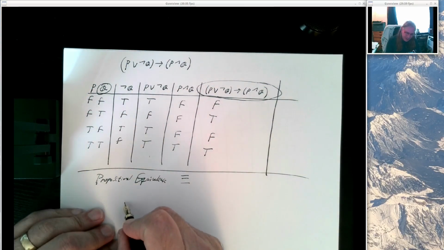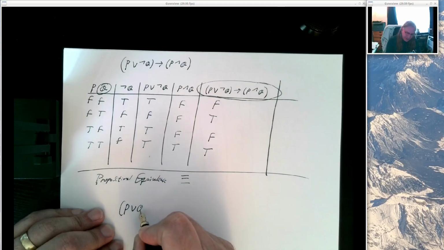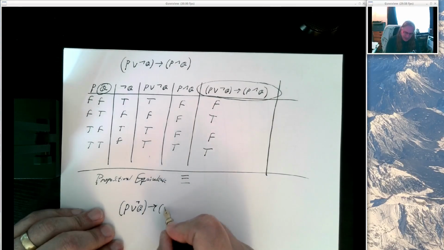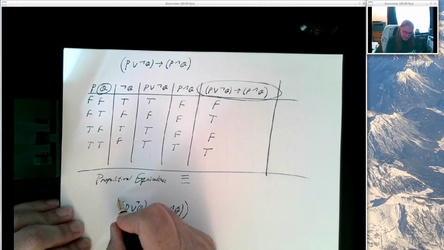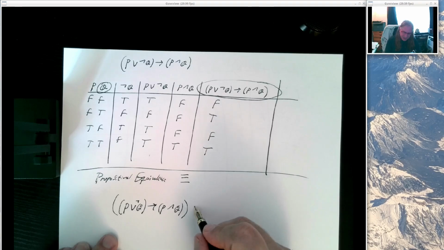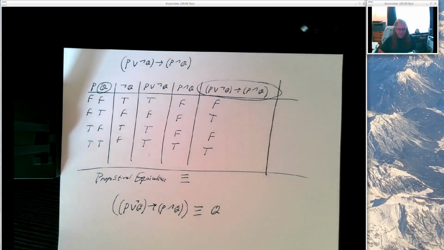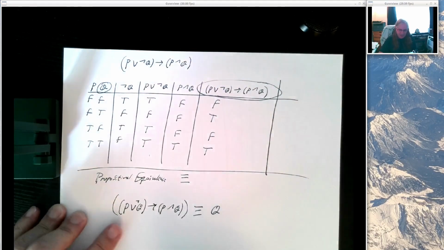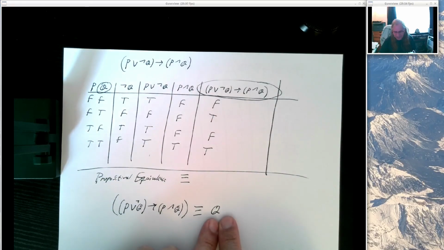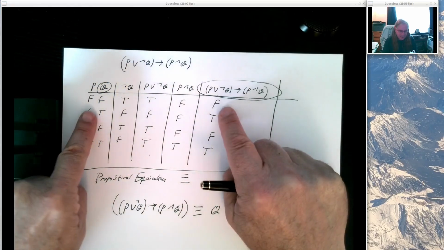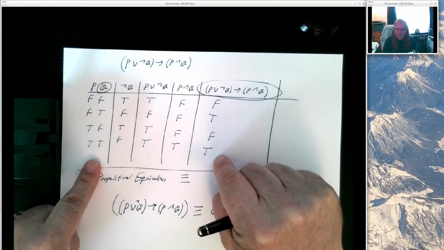In other words, we could say P or not Q implies P and Q. Let me put some parentheses around this to say this is one proposition. This is logically equivalent to just the proposition Q. And we demonstrate that by making a truth table for this, making a truth table for that, and showing that in all situations they have exactly the same truth value.